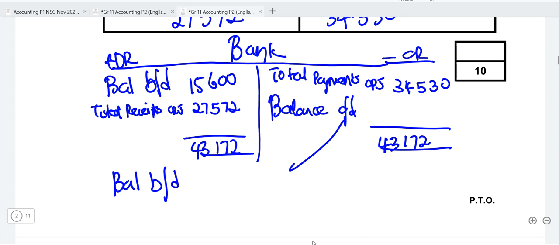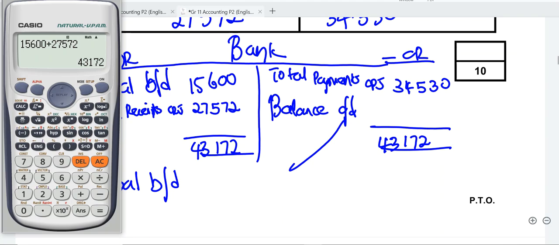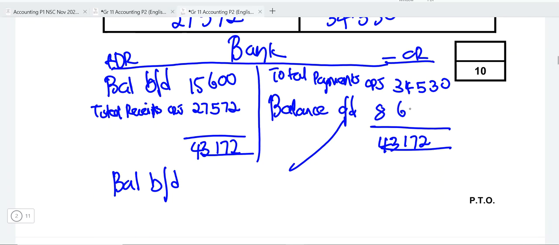So if you say 43,172, then you subtract 34,530, is going to give you 8,642. So we have our 8,642 and also 8,642 here. Then once you are done, you look at this, you will see that your balance as per bank account is on the debit side.